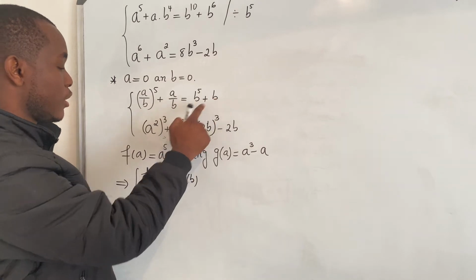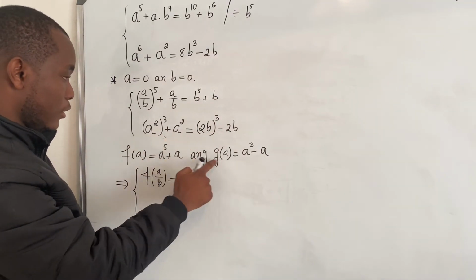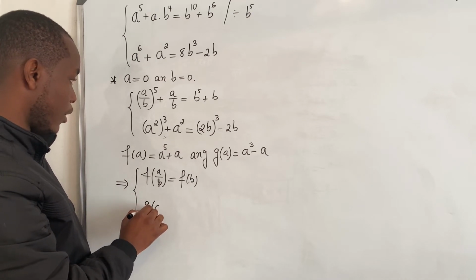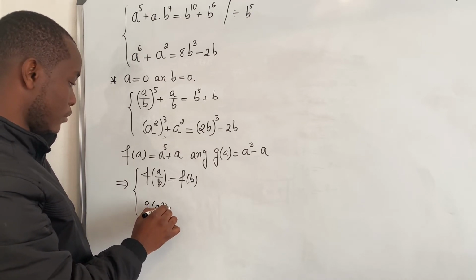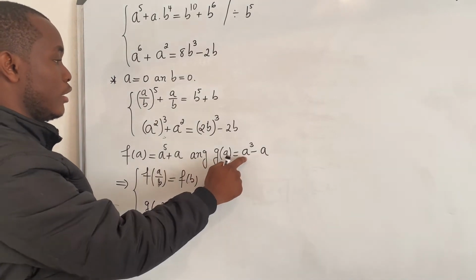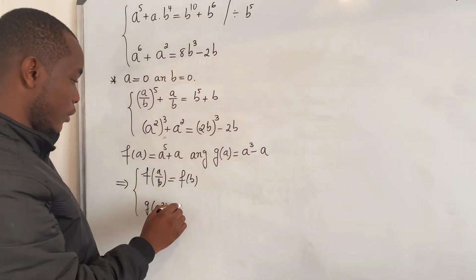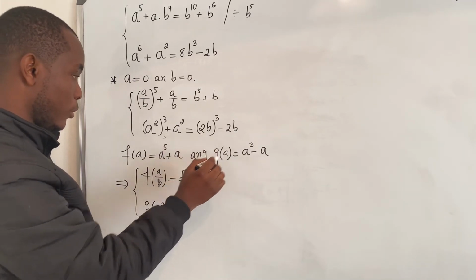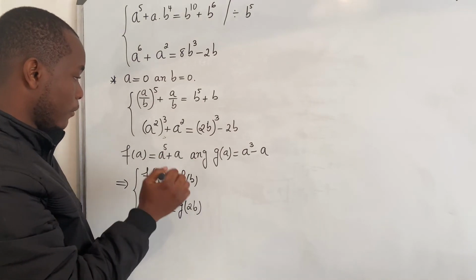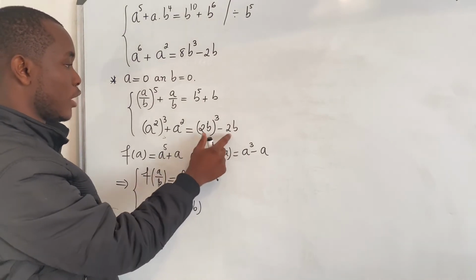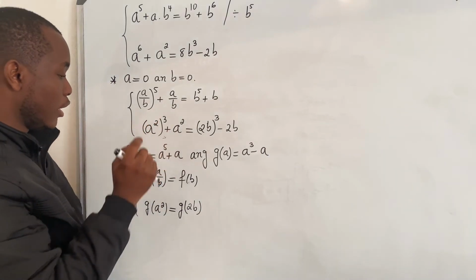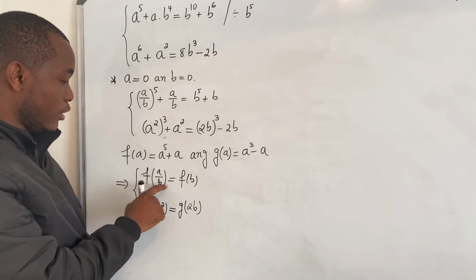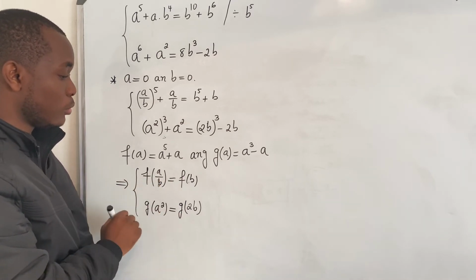The second line in g of a was found by finding g of a squared, and the right side by finding g of 2b. If we put 2b there we get the right expression, and if we put a squared we get the left. So now we have f of a over b equal to f of b, and g of a squared equal to g of 2b.